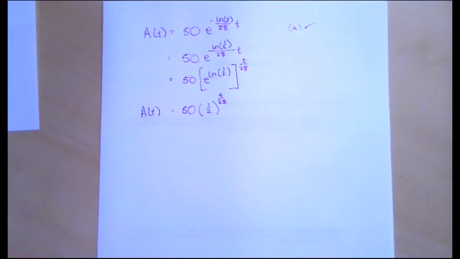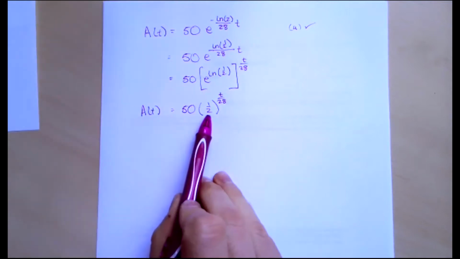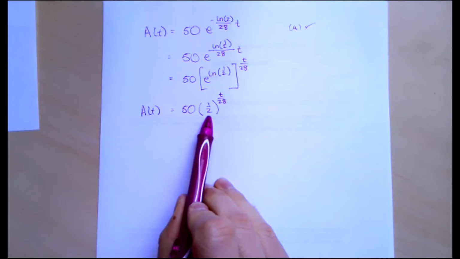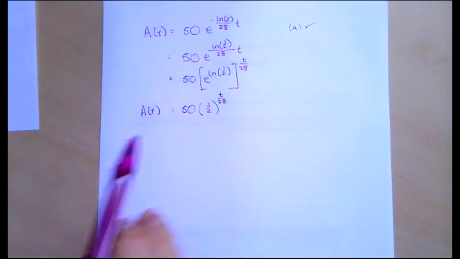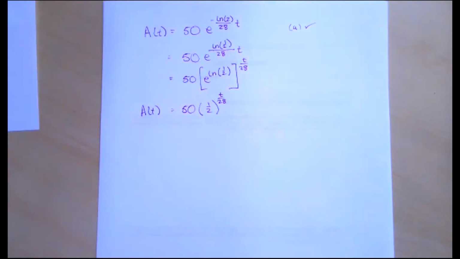Why is this one a little bit better in terms of the information given? When we talk about radioactive decay and we're talking about specific half-life, I want to know how much time it takes until half of the substance remains. So we have this 1/2. That's pretty nice. And then what was our half-life?